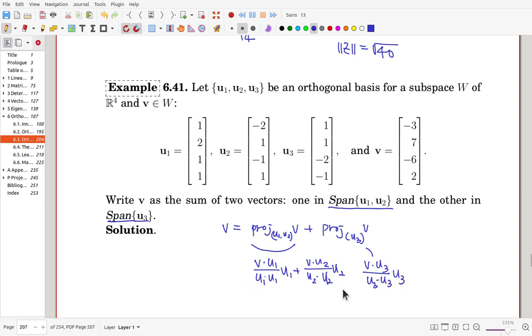If you find these vectors, and if you sum, then you'll see the summation must be V. Okay, try it yourself.